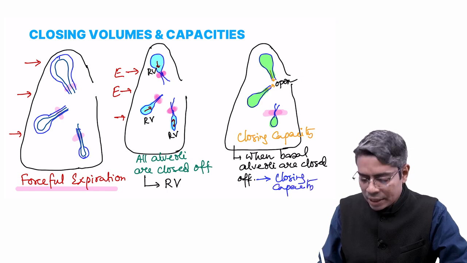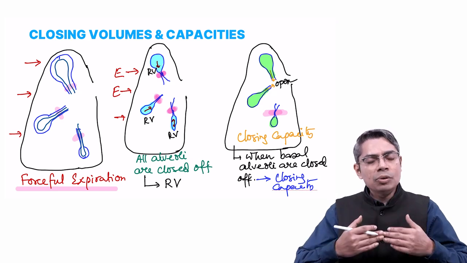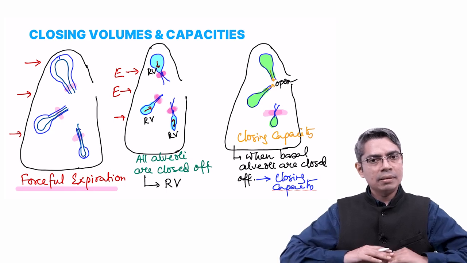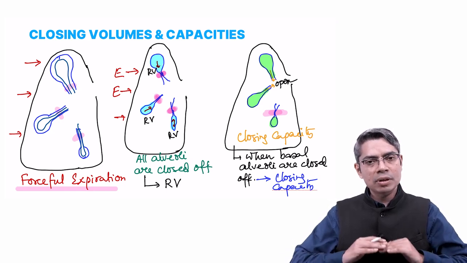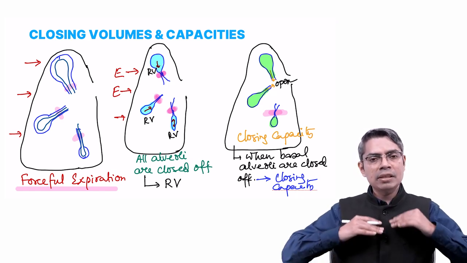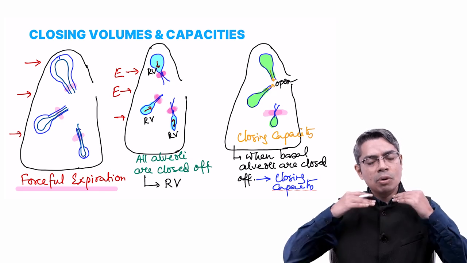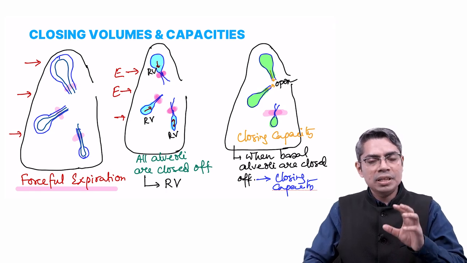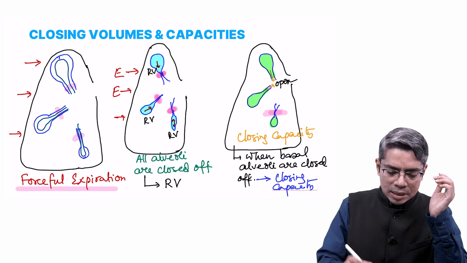Getting my point? So, if I do a forceful expiration, first there will be closure of the basal alveoli. At that point, the remaining air is known as the closing capacity. Then there will be closure of the middle part alveoli. Then there will be closure of the apical alveoli. When all the alveoli are closed off, the remaining amount of air which is still there in the lung is known as the residual volume.